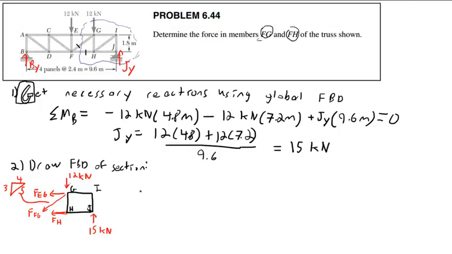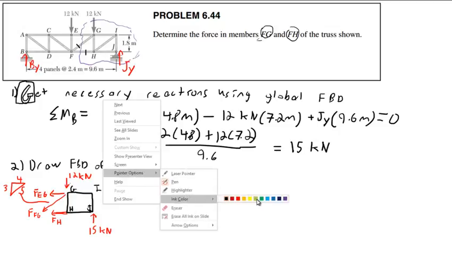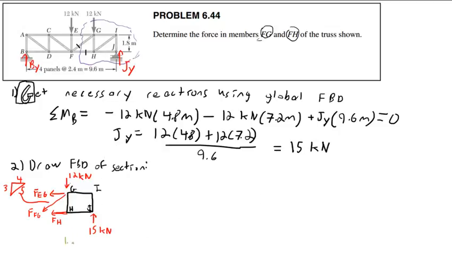Okay, in my dimensions here I'm going to have 2.4 and 1.8. Let me just label those really quickly for convenience. This dimension here is 2.4, and 1.8 meters.